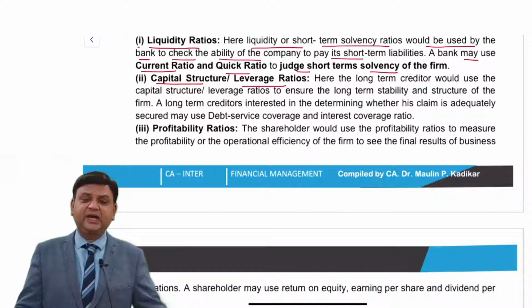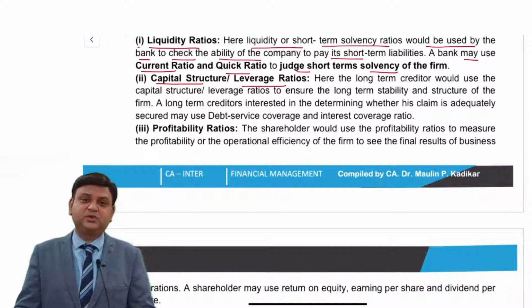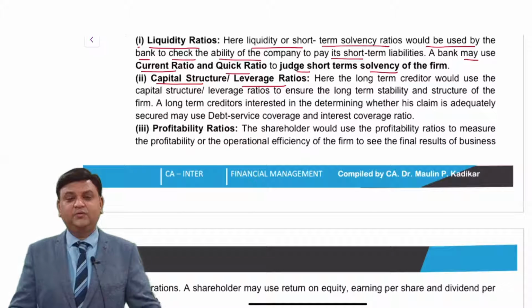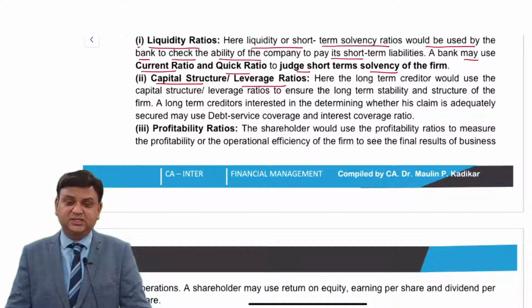Dear students, I have not explained those ratios in detail in terms of evaluation, whether a higher ratio is better or a lower ratio is better from the company point of view. That is yet to be understood, because it is connected with our concept of the cost of capital and the capital structure theories.